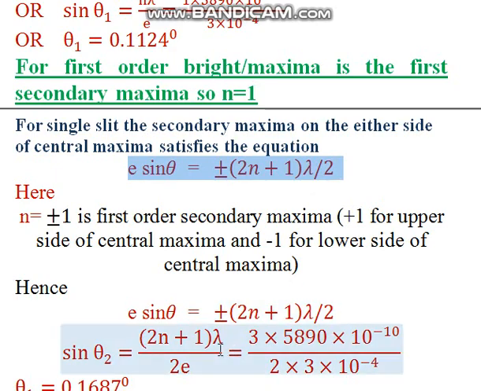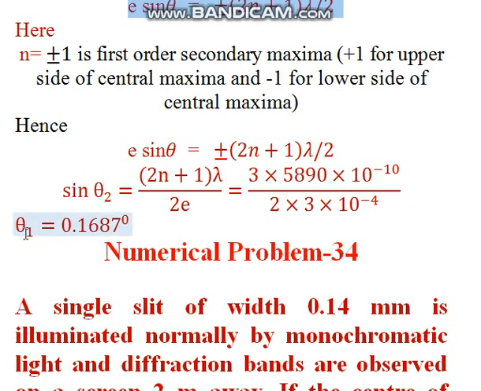When you put in the values and calculate the angle, suppose the angle at which this maxima falls is theta 2, this gives theta 2 equal to 0.1687 degree. So these are our two answers.